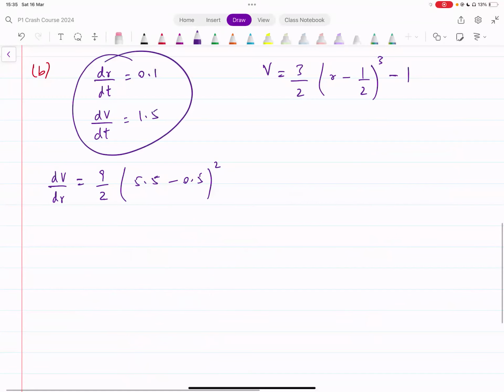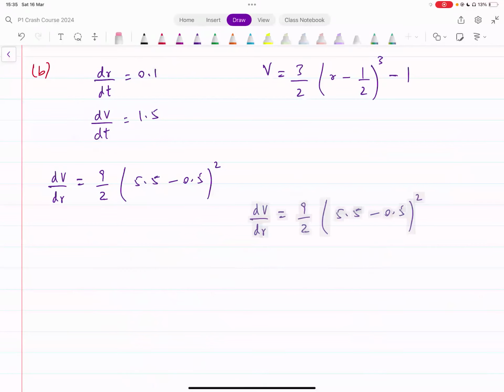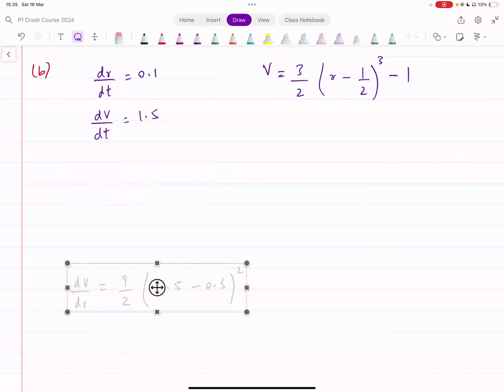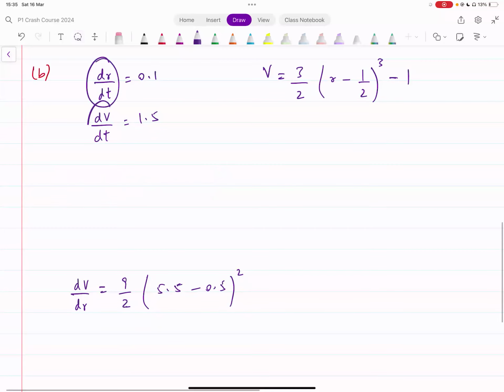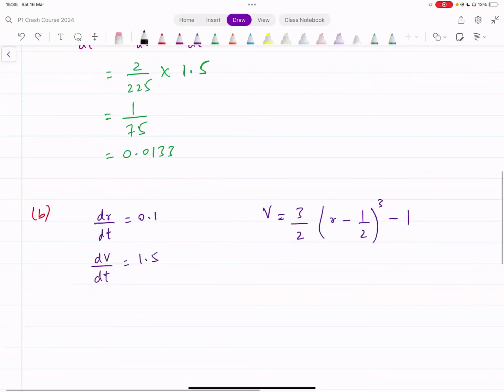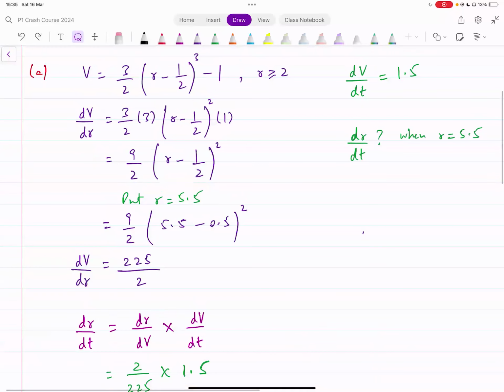Now, given this, can we find the corresponding value for dv over dr first of all? We have dr over dt, we have dv over dt. We can find the corresponding value for dv over dr, because that will then help us find the corresponding value of radius. I'm sorry, I copied the wrong thing here.